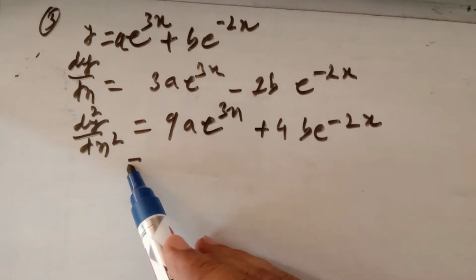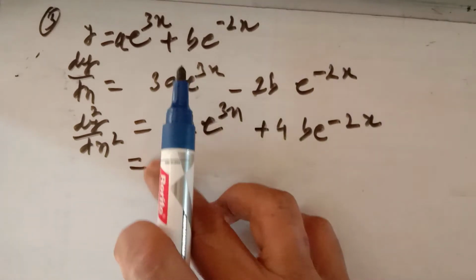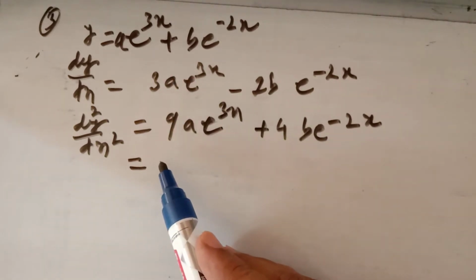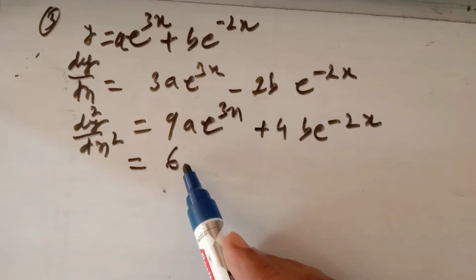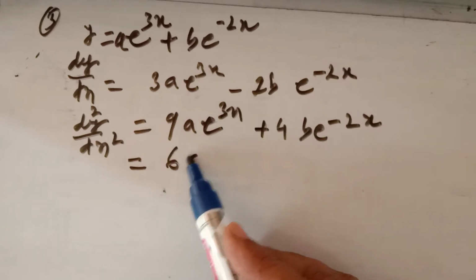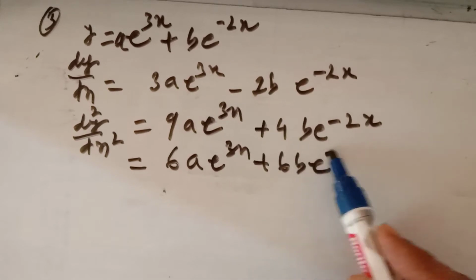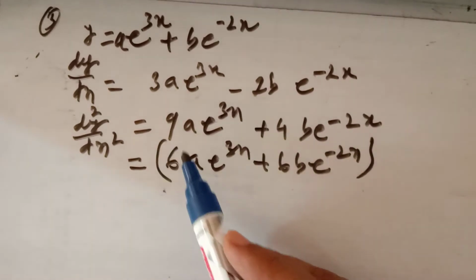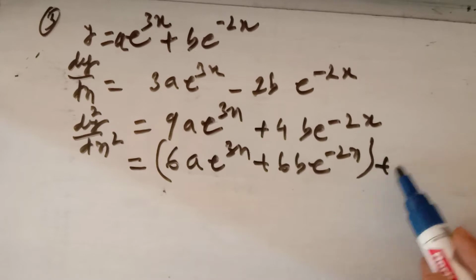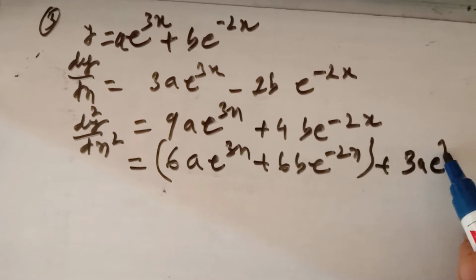Now I am arranging it so that this a and b can be eliminated. See it very carefully. I am writing it as 6a e^(3x) plus 6b e^(-2x). In place of 9 I have written 6, so it will be 3a e^(3x).